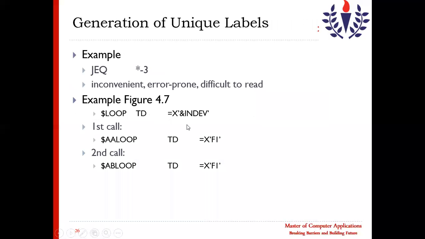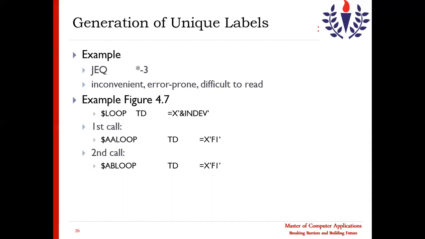Second is the generation of unique labels. If you remember, we have discussed in the previous lecture that it is not allowed to put any label inside a macro definition. The assembler will not allow any label inside the definition of a macro.